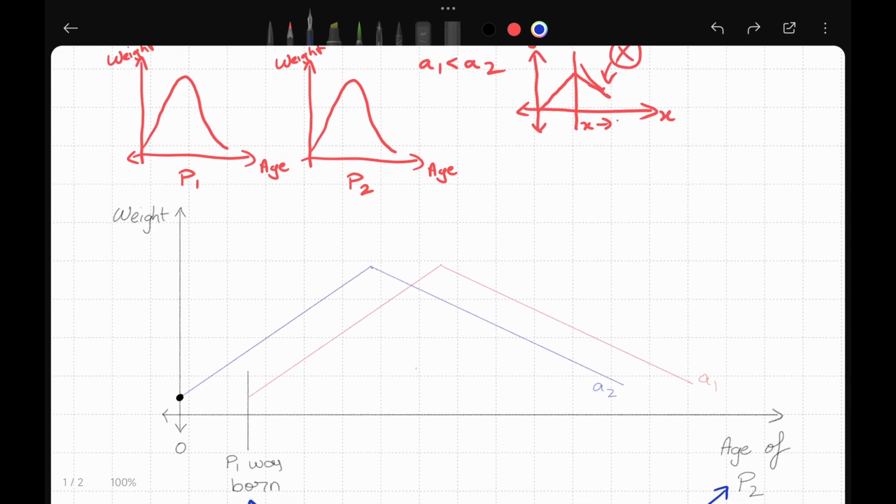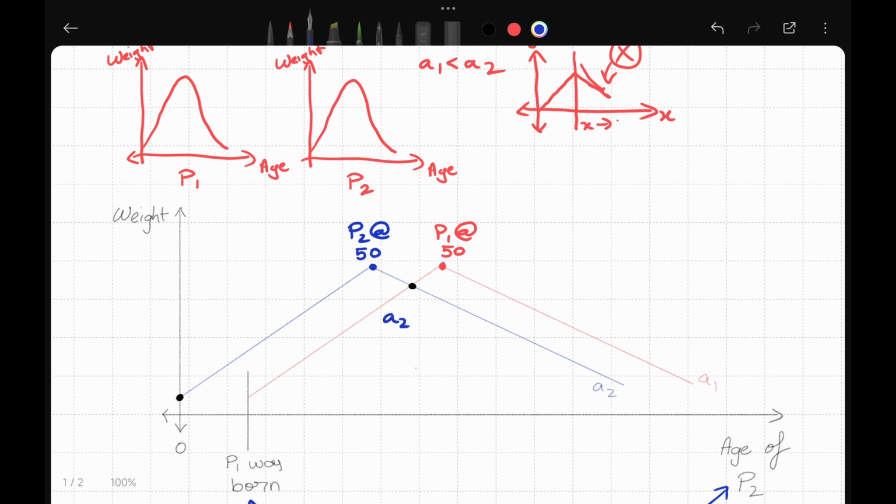So let's now mark the points for 50 years for both P1 and P2. This is where P1 is at 50 years, so this point, and this is where P2 is at 50 years, so this point. And now we are interested in the point marked in black. If we see, let's first take A2.